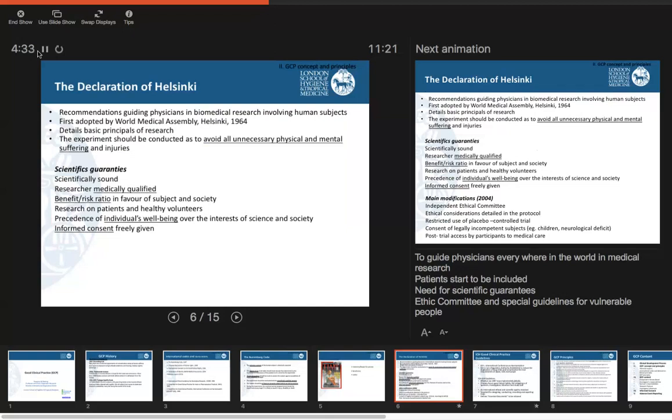So let me tell you some examples showing there's not always a very clear-cut way to explain risks and benefits. For example, when I was head of the ethics committee at WHO, one of the most controversial studies sent to us for review was a study to look at malaria vaccine effectiveness.